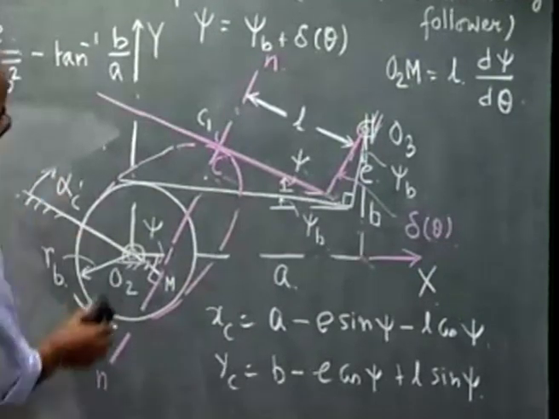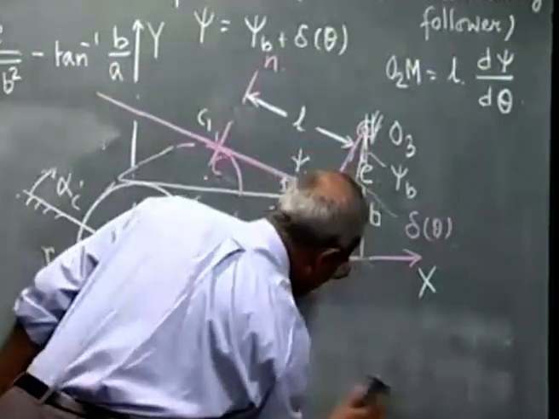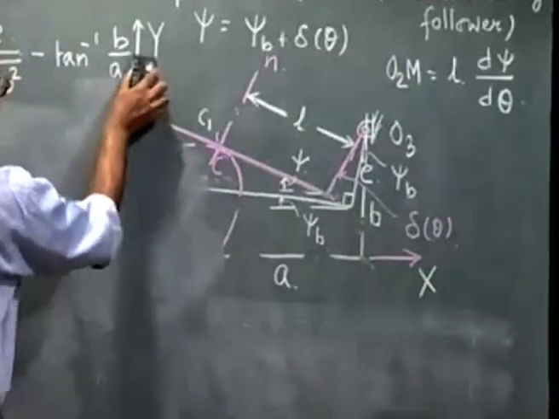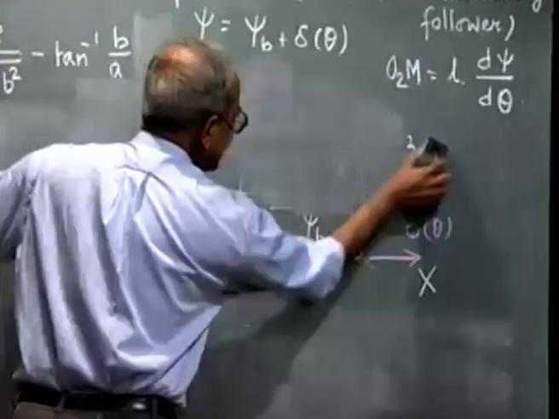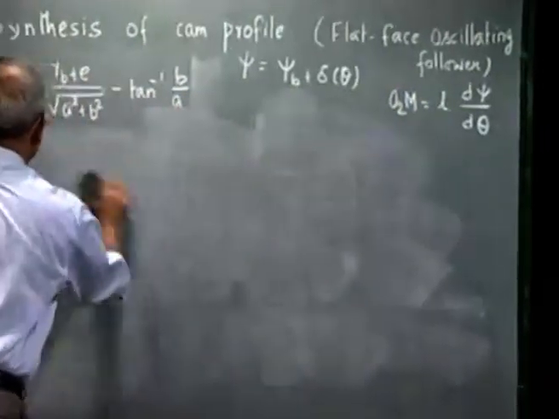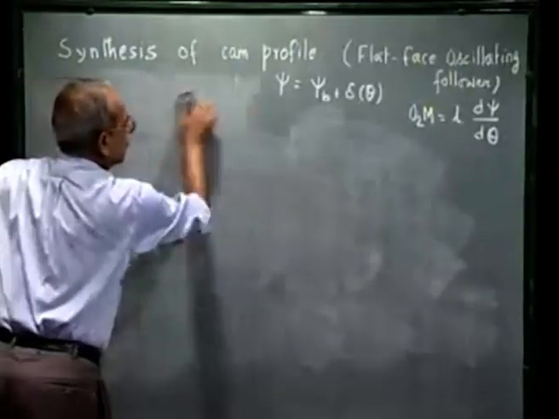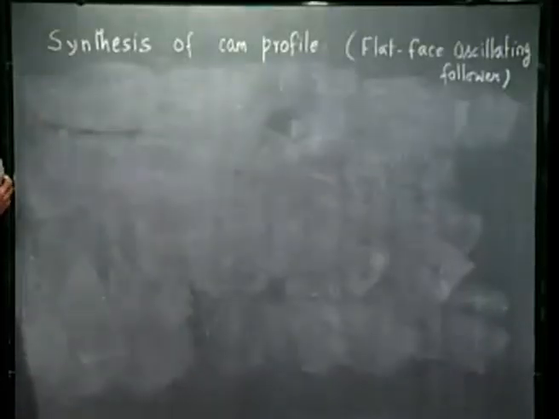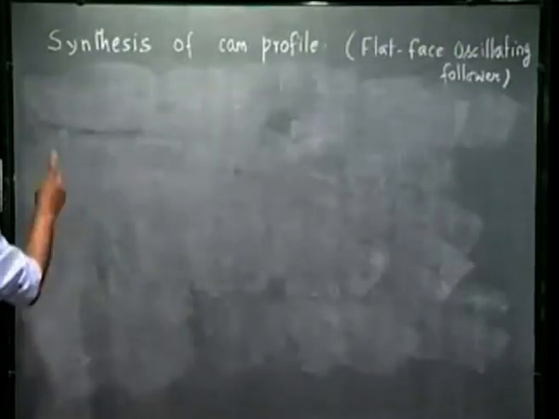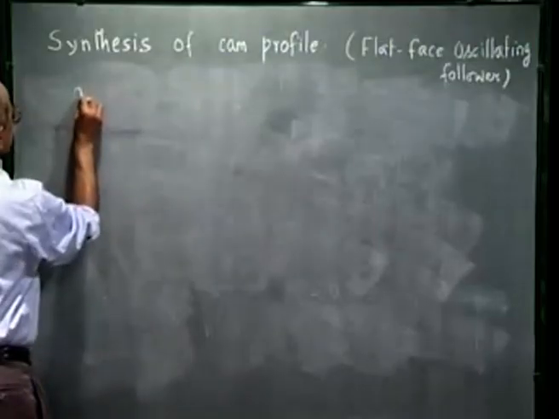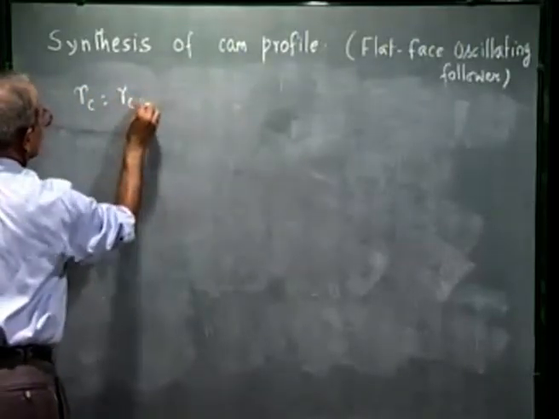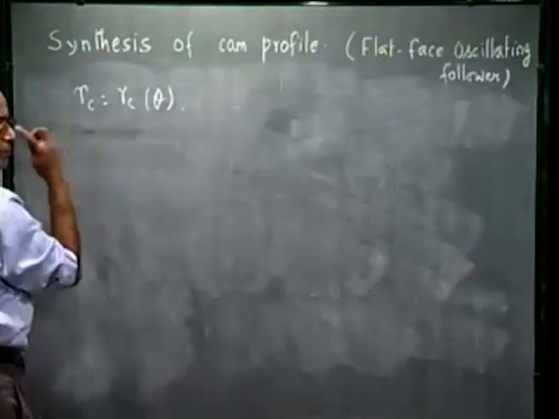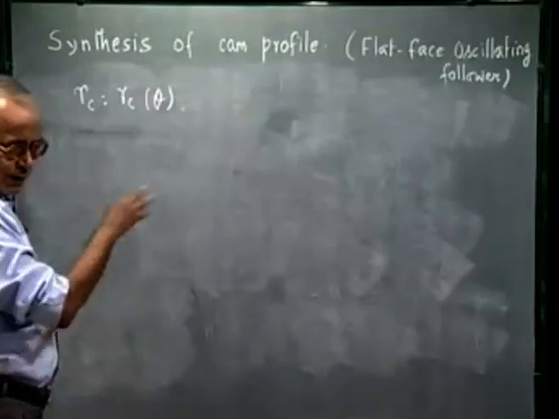One point I would like to emphasize at this stage is that once we get the RC, the distance from the camshaft axis, and the polar angle for the contact point, this holds for all types of followers, translating or oscillating. If I summarize this analytical method for synthesis of cam profile, we are getting RC as a function of cam rotation and a polar angle, which I denoted by phi c prime or psi c prime or alpha c prime in various cases.